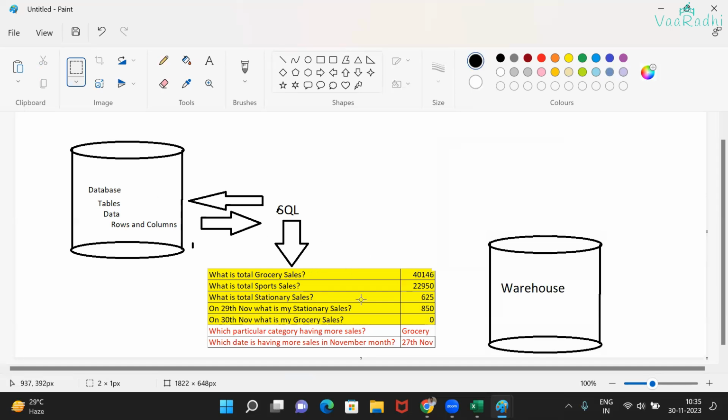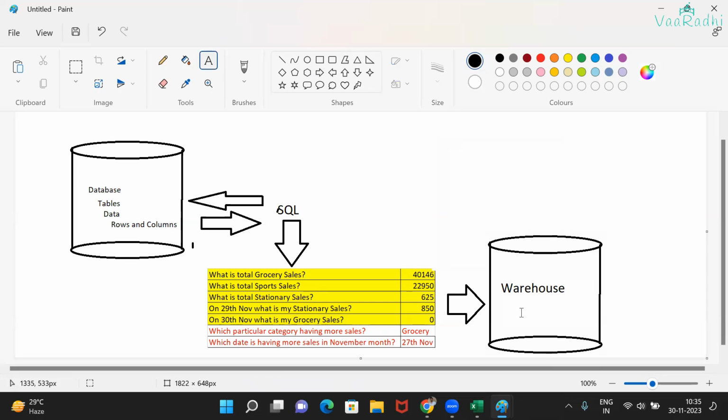Why spend time again analyzing your data in this fashion going forward? No need, right? I have spent my time, so I'll save my analysis results in another database called a warehouse. Whenever I need results, I'll simply ask the warehouse, what is the result, instead of recomputing, recalculating, and analyzing again. True or not, guys?